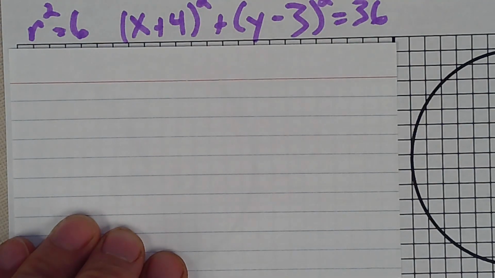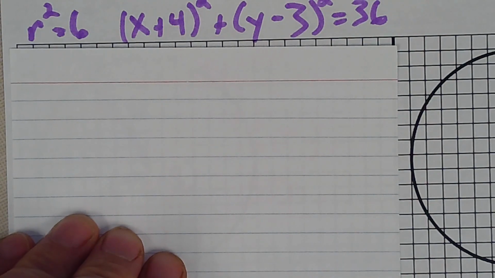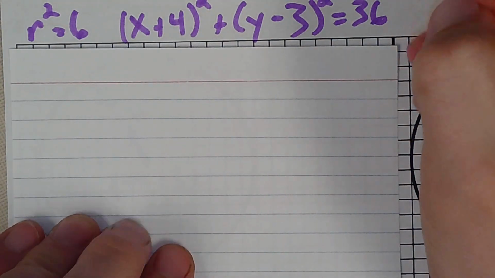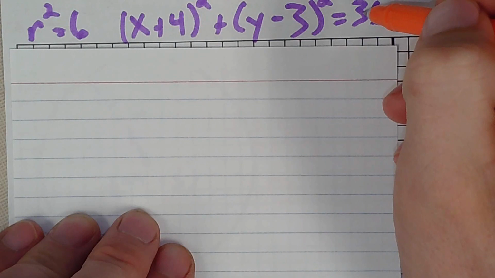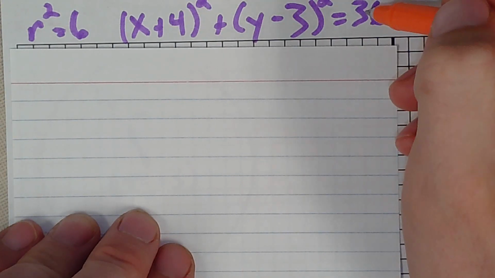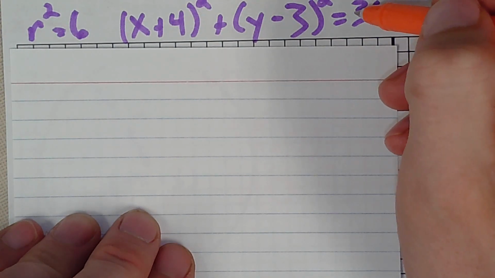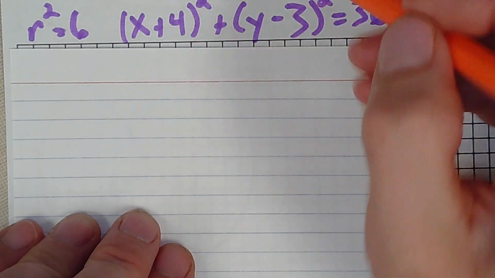One last thing, if you needed to figure out how to find the distance between 2 points using the circle equation, all you have to do is take the radius as the distance between those 2 points on the circle equation. You have the 2 points, you're given the x and the y.